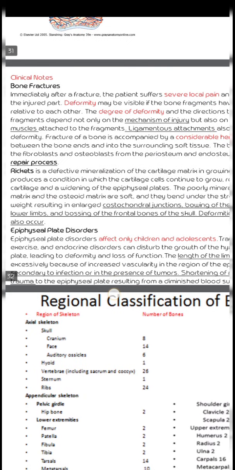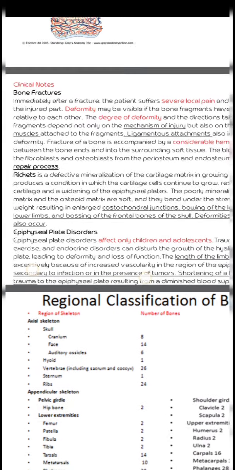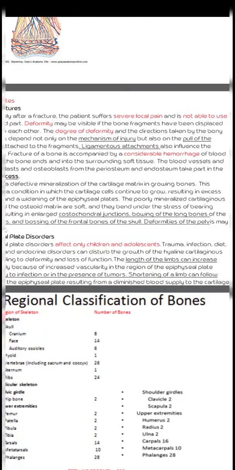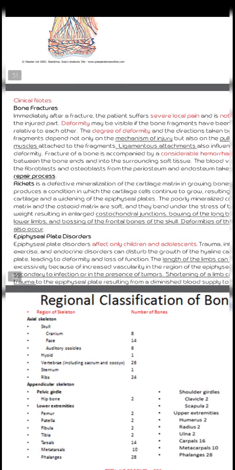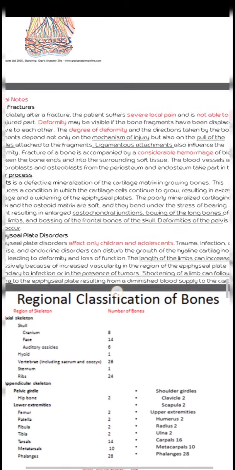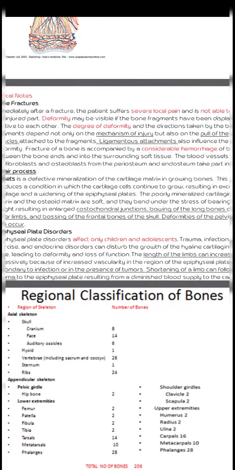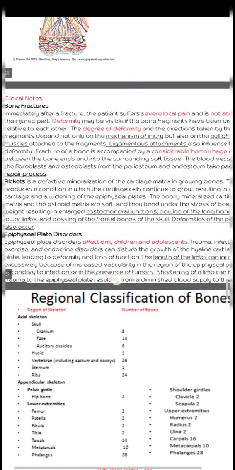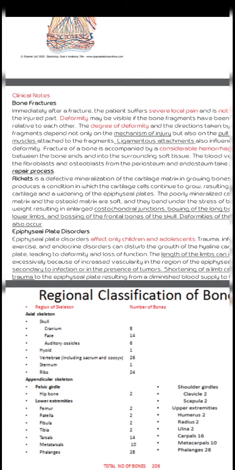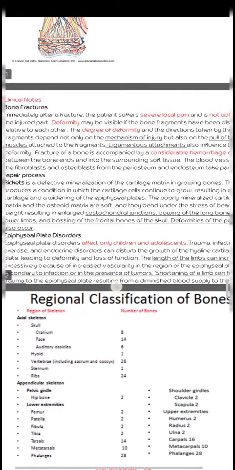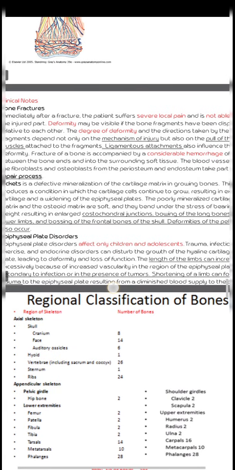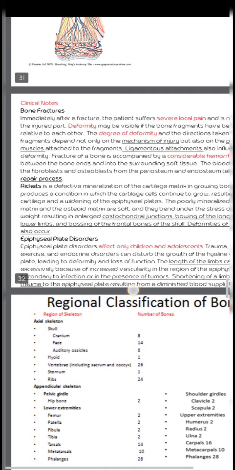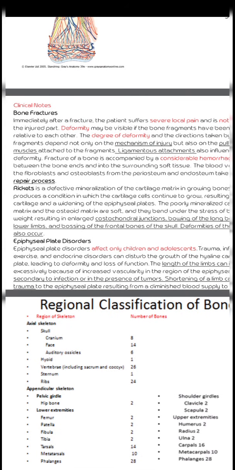What happens after a bone fracture? Immediately after a fracture, the patient suffers severe local pain and is unable to use the injured part of the bone. And deformity may be visible if the fragments are displaced from each other. Degree of deformity of the bone depends on the mechanism of the injury, but also the pull of the muscles attached to the fragment.